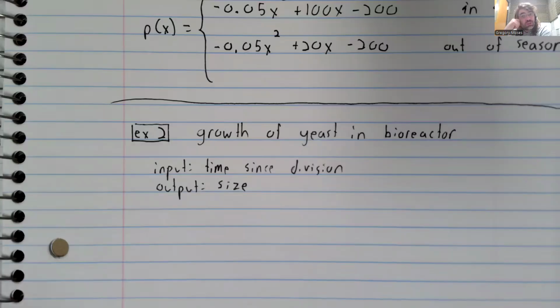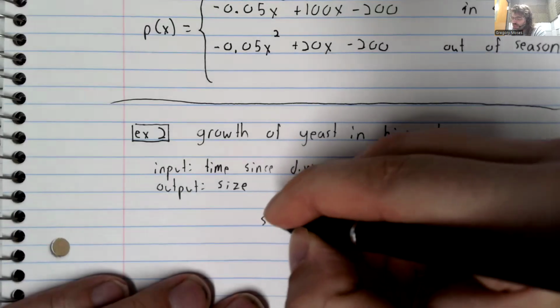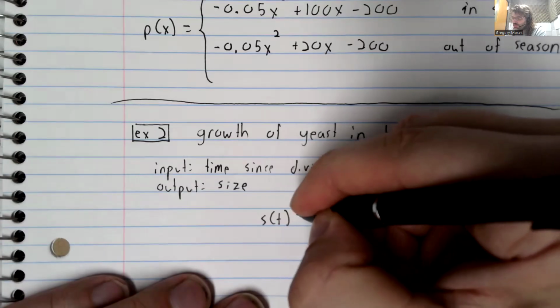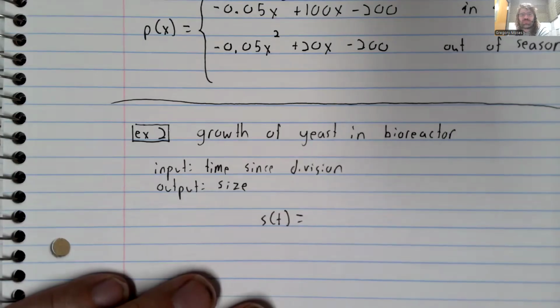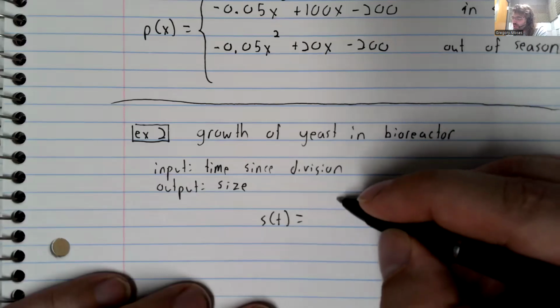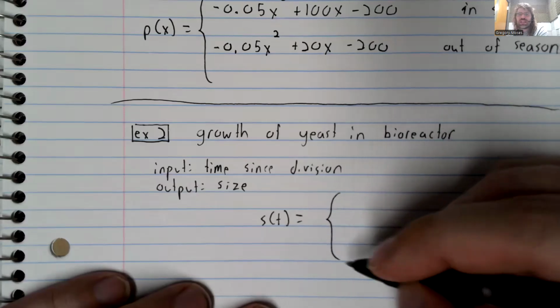Suppose we're looking at the growth of yeast in a bioreactor. So the input is going to be the amount of time since the yeast cell came into being via cell division. The output is going to be the size of the cell. The equations are complicated. That was sort of the point of my research. So I'm not going to put explicit equations down for you.